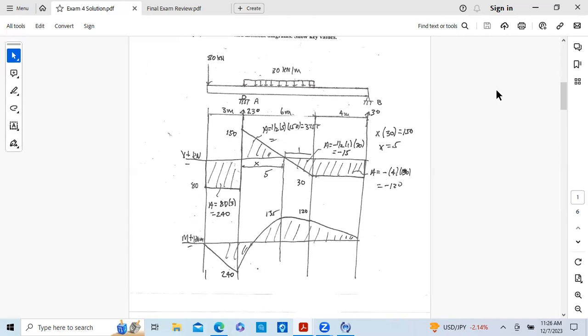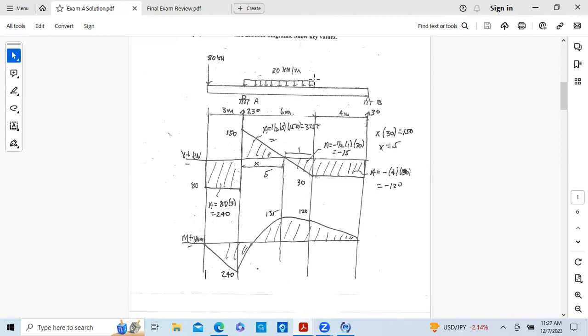Then we want to draw the vertical lines of discontinuity. Not all of you did this. Every time we have a load, so this is the first line, we have the support A discontinuity, and it's also the beginning of our uniform distributed load.